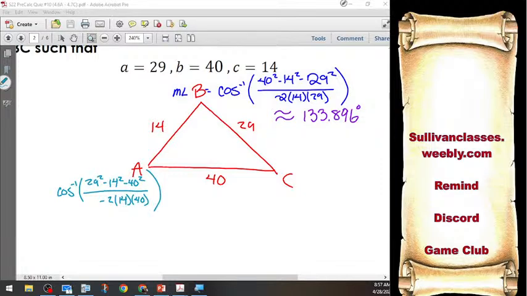Or I could have done arcsine, now that I know stuff. Arcsine of 29 sine of that 133-ish over 40.